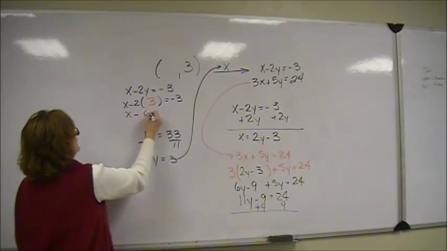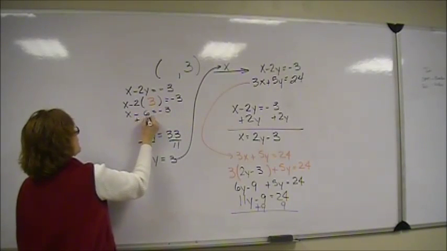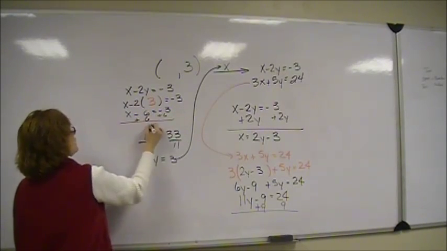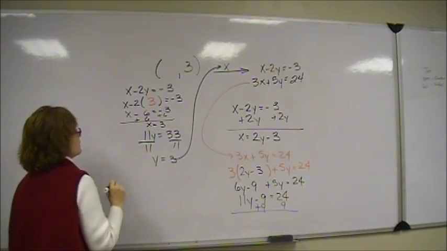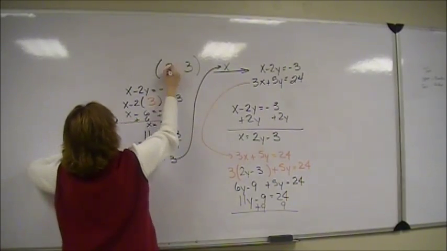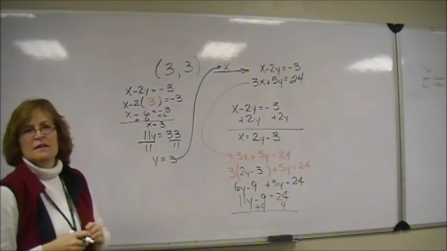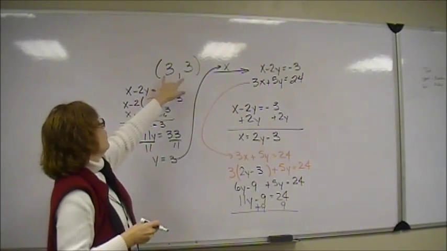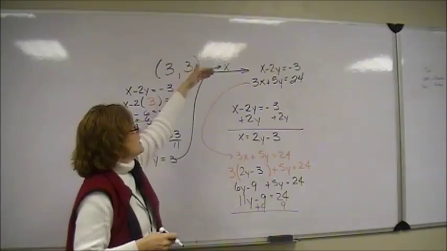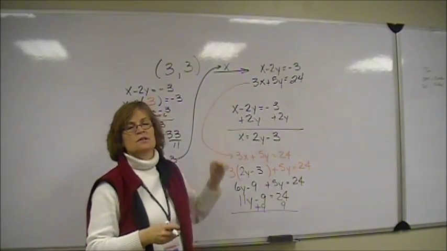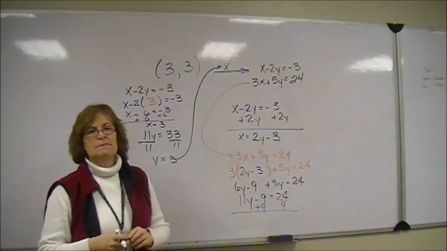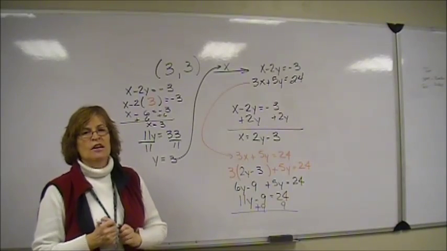So x minus 6 is equal to negative 3. Add 6 to both sides, gives me x is equal to 3. So I put that into the x part of my solution, and that point 3 comma 3 would satisfy both of those equations. Please make sure you do check for understanding.